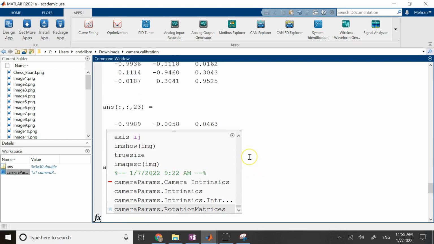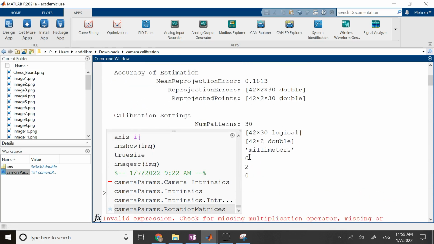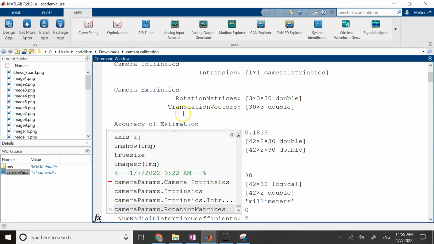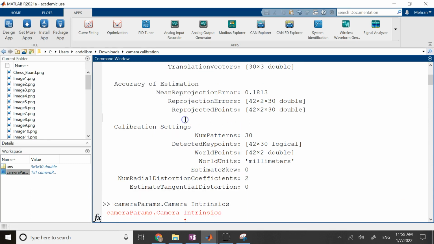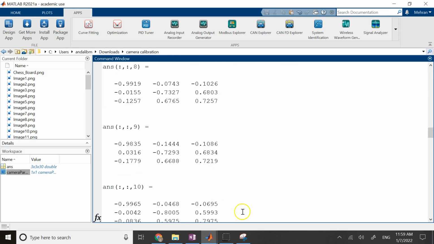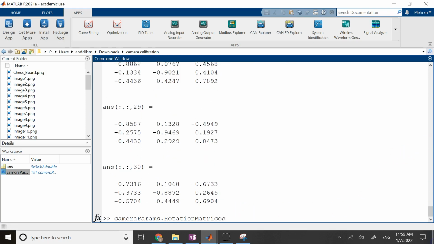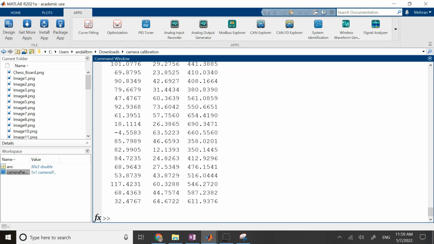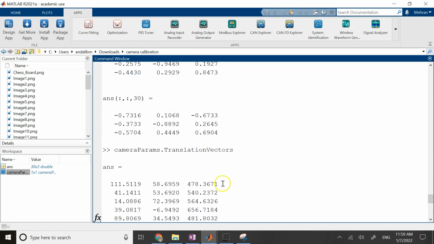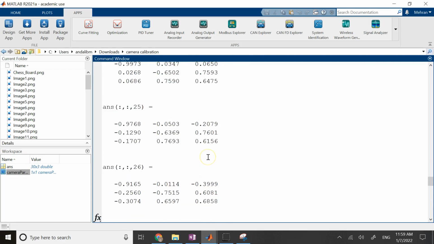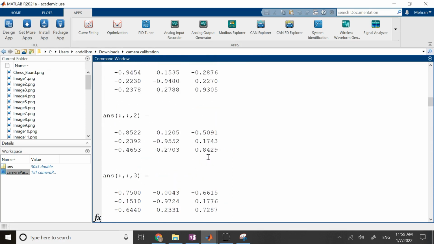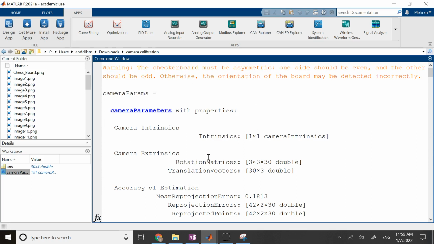And then you can also look at the translation vectors. If you do that, it should also show you all of those translation vectors. Each row corresponds to one of the images. So here we go.